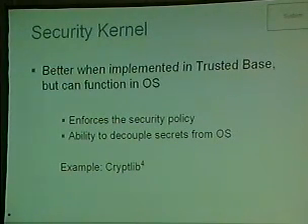One of the things that runs inside of the trusted base is a security kernel. What that kernel does is it enforces the security policy for the system, and it also has the ability to decouple the keys from any OS calls or application level calls. Instead of having the application software generate the key itself, you can just ask the security kernel to perform an encryption operation without ever knowing what the key is.